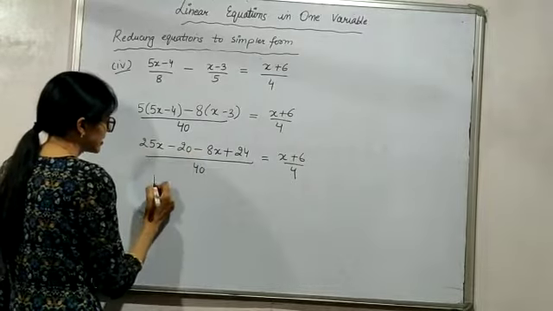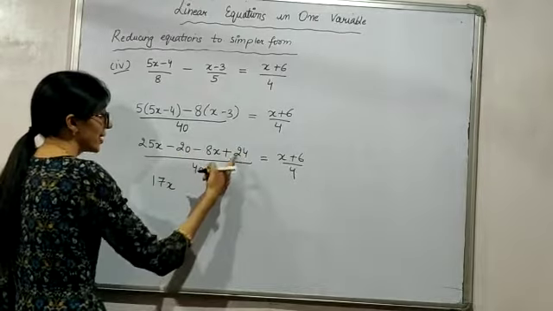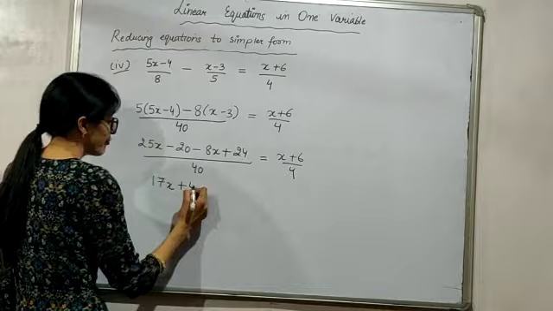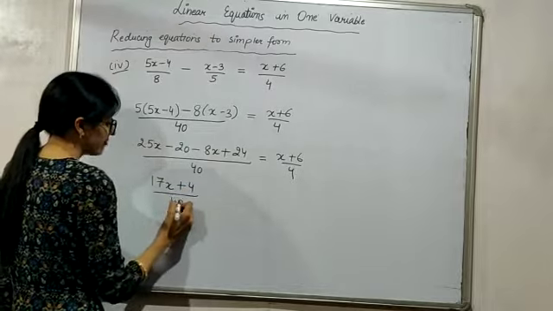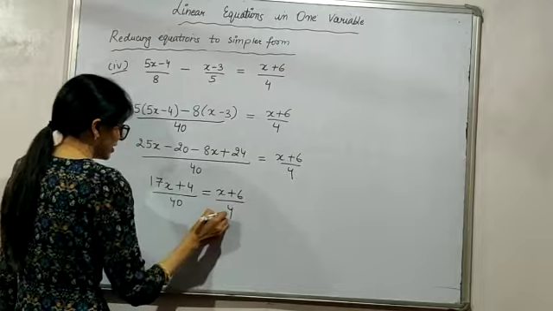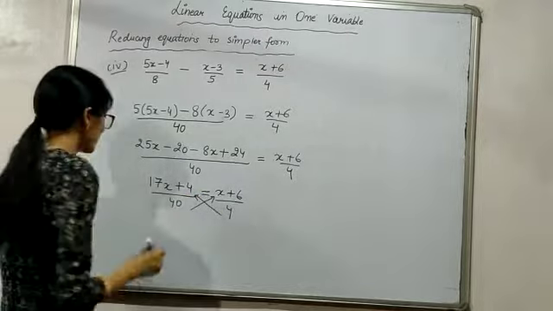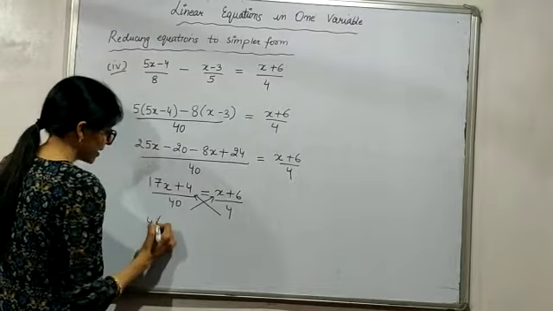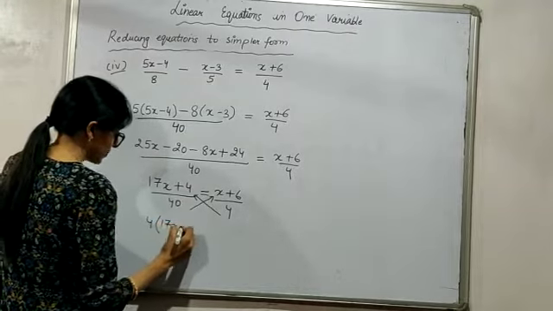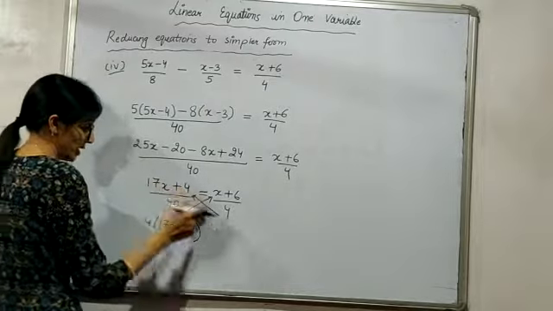25x minus 8x, 17x. Minus 20 plus 24, 24 minus 20, plus 4, divided by 40 equals (x plus 6) divided by 4. Now you need to cross multiply. So 4 multiplied by (17x plus 4), because this 4 is multiplied with the whole value.